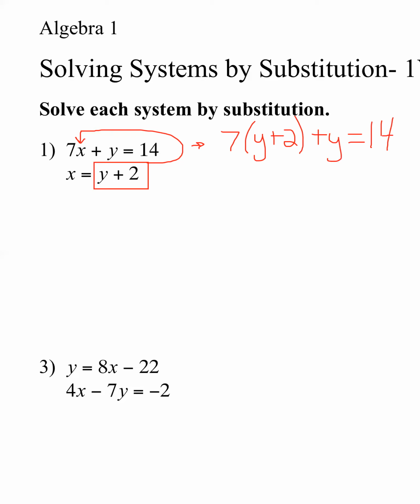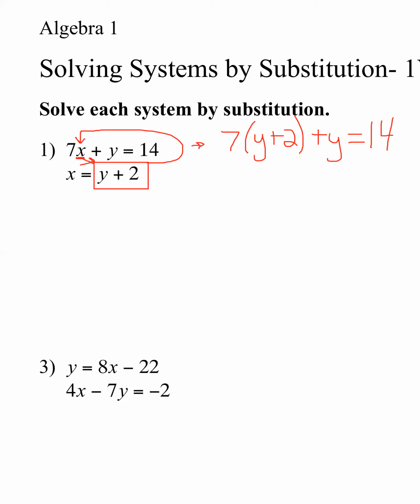Do you see how I did that? Do you see how those two top lines are now exactly the same? It's just that I don't have this x right here. I've replaced it with everything in that box, because that is what x is equal to. So I substituted in for x whatever it's equal to.